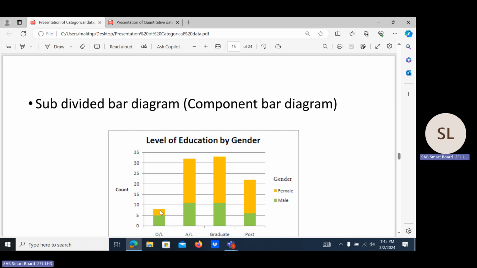The height of this bar represents the total number of respondents who studied up to O-level. This total value is divided into two categories, gender: male and female. Understood? Okay.